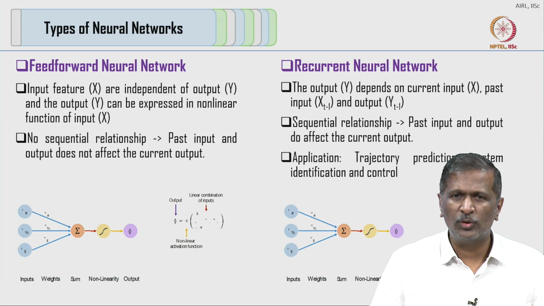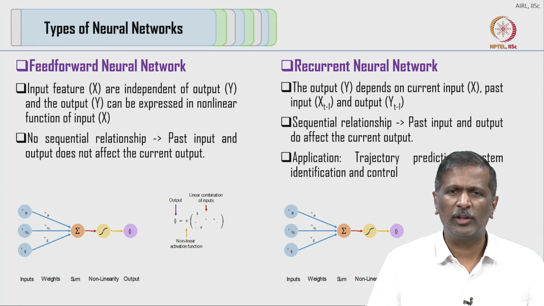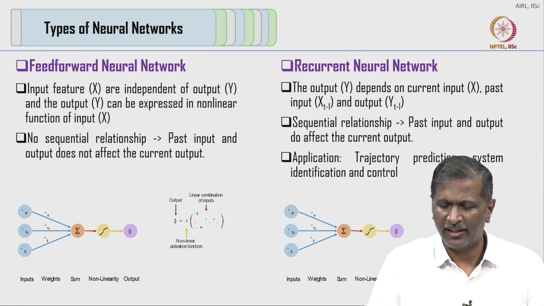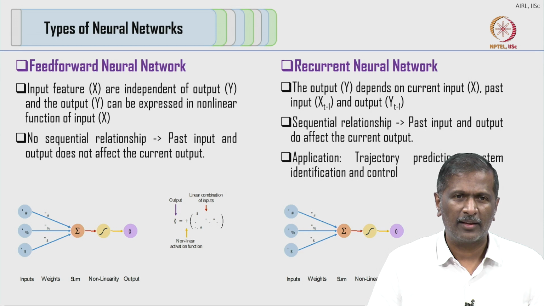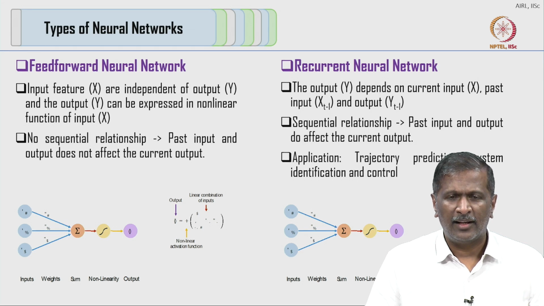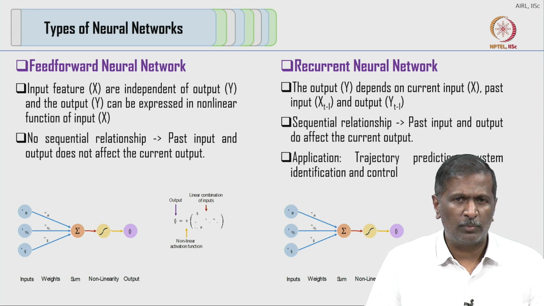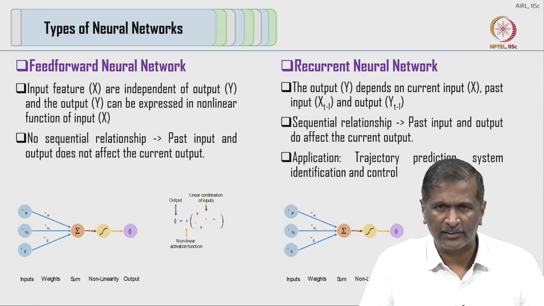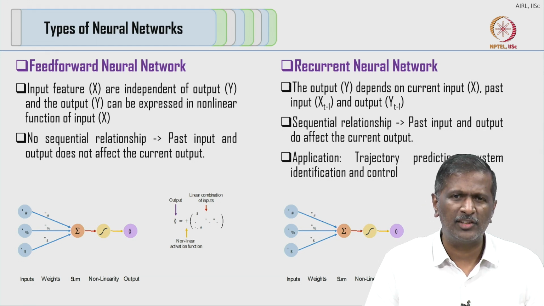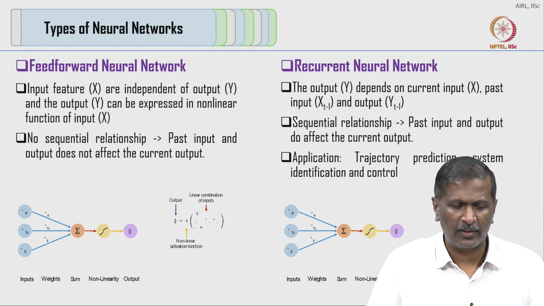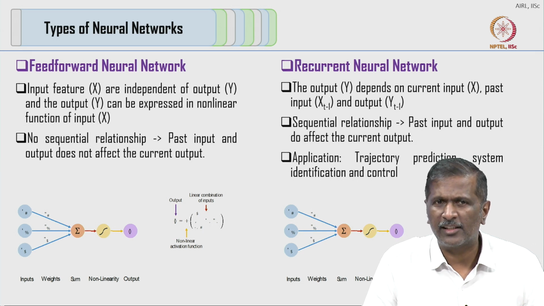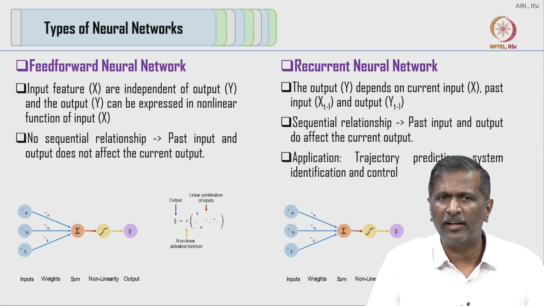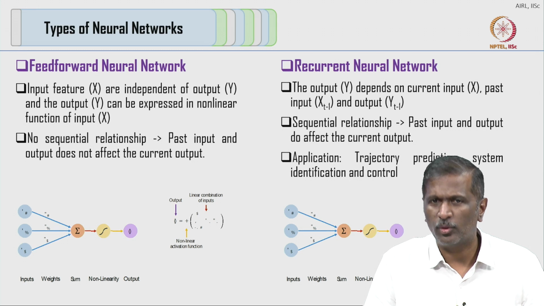There is no feeding back; no input comes back from the second layer to the first layer. And input is independent of the output. I am trying to predict the output from the input x, so we are trying to approximate the relationship between y and x. There is no sequential relationship. Past input does not affect the current output.